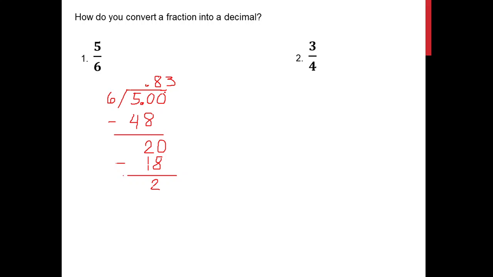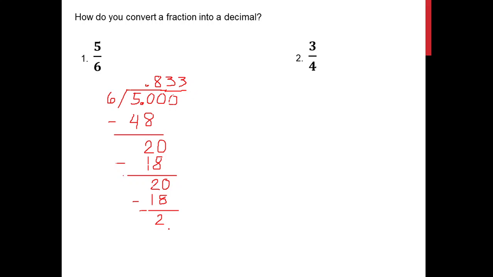Let's try to add another 0. See what happens next. Then bring it down here. So we have 20 divided by 6, again 3. 3 times 6 gives us 18. 20 minus 18 gives us 2.